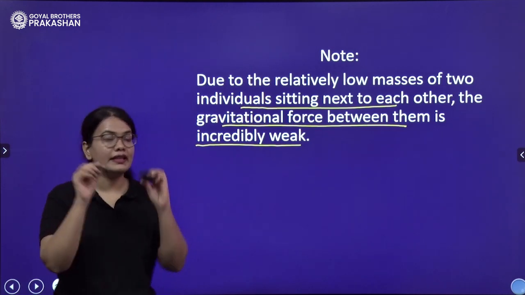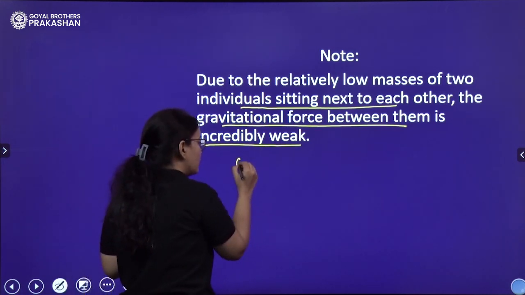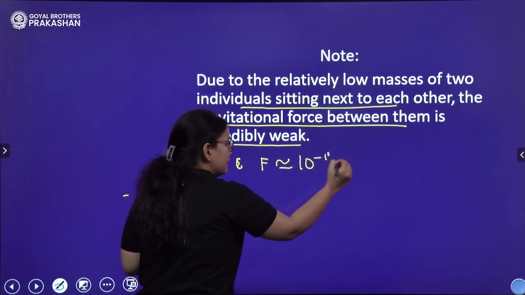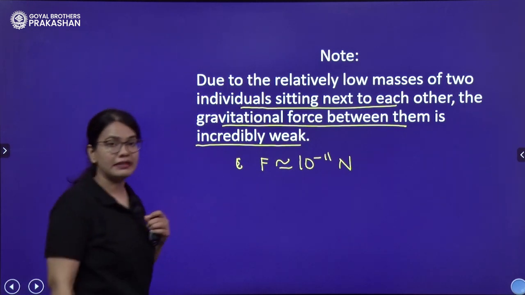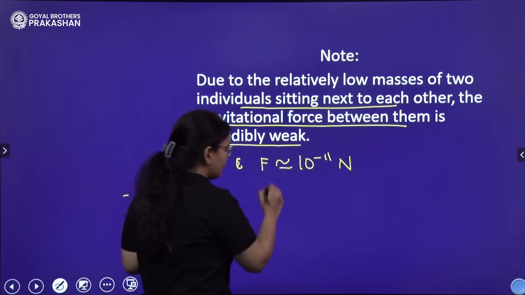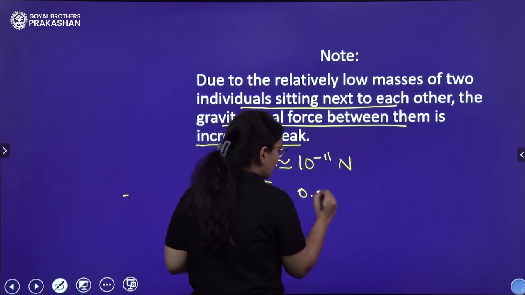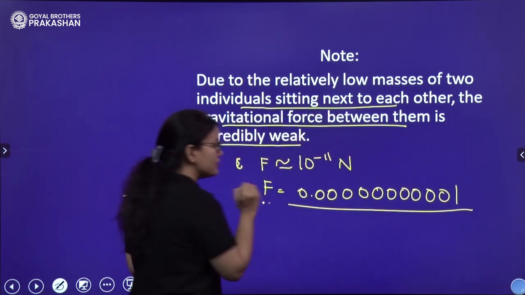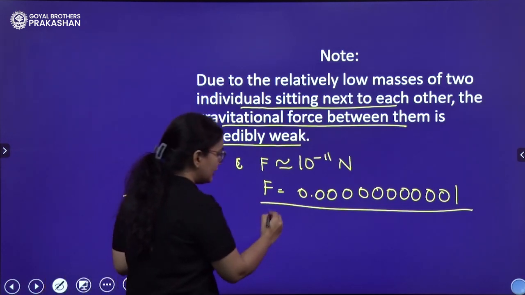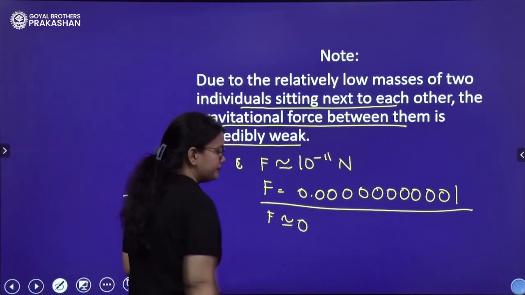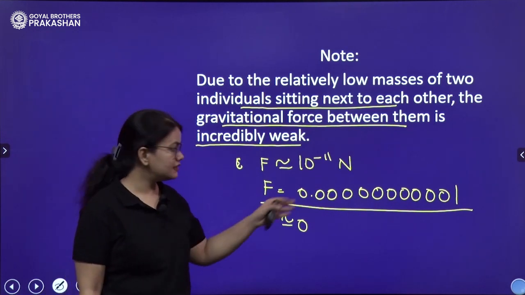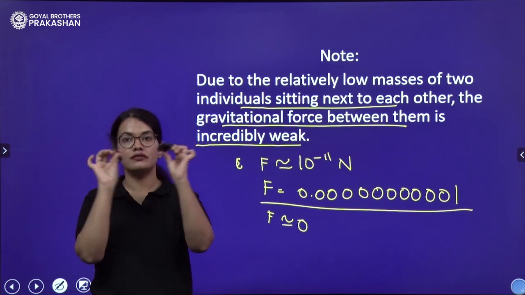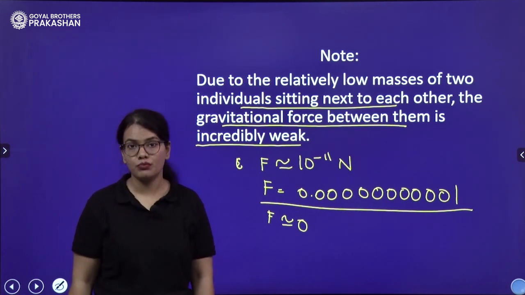Because the force between them is very small. The force between them is of the order of 10 to the power minus 11 newtons approximately. This means the force is 0.00 and so on. Imagine this is the magnitude of force. Can you take it approximately equal to 0? For all practical purposes, you can take it to be 0 only. That is why you do not see the effect of gravitational force between them, because their mass is very small.